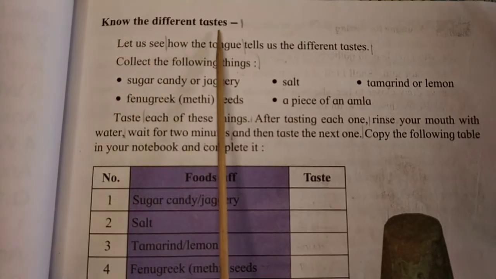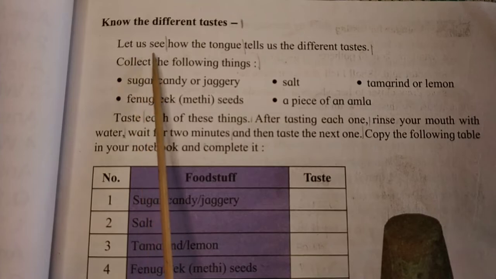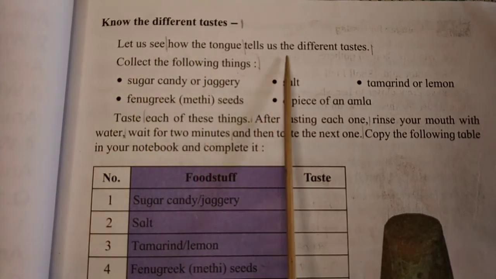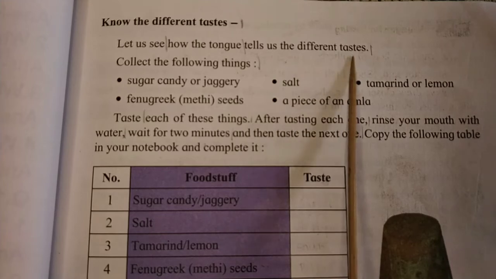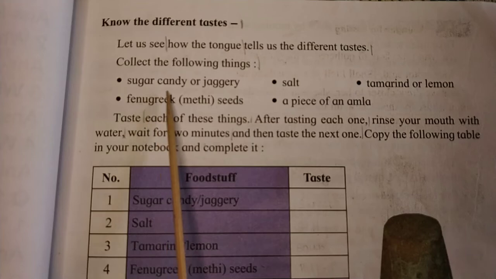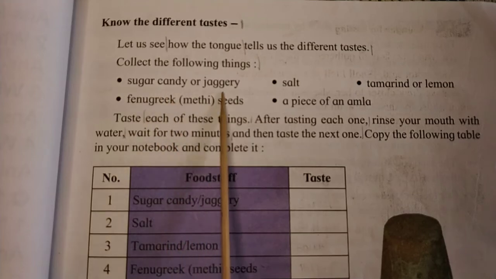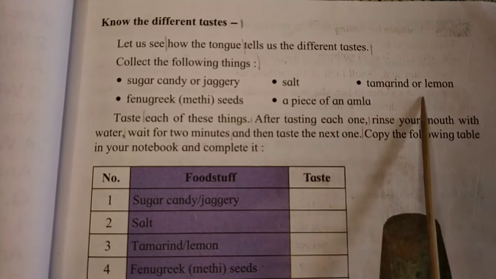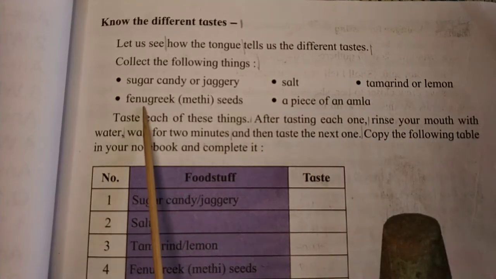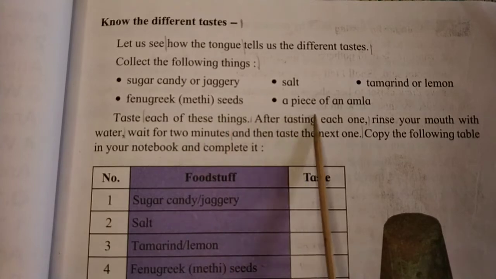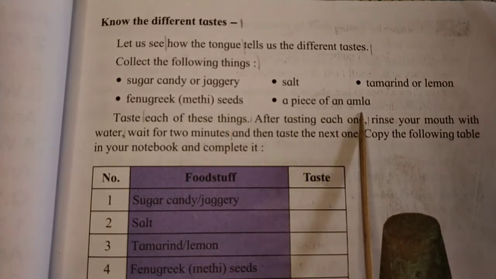Know the different tastes. Let us see how the tongue tells us the different tastes. Collect the following things: sugar candy or jaggery, salt, tamarind or lemon, fenugreek, methi seeds, a piece of an amla.